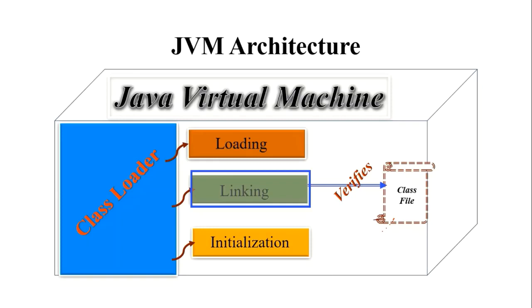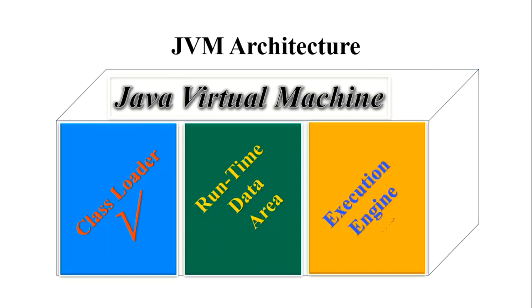Verification means that once the class file is loaded to the memory, there is a verification phase, done by the linking phase, where the bytecode class files are verified to see whether they conform to the standards or not. So this is your basic class loader and its components and their corresponding functionalities.